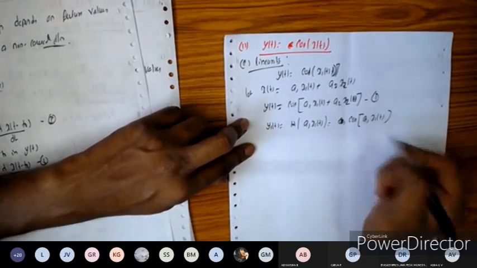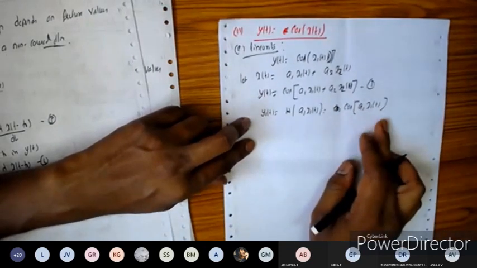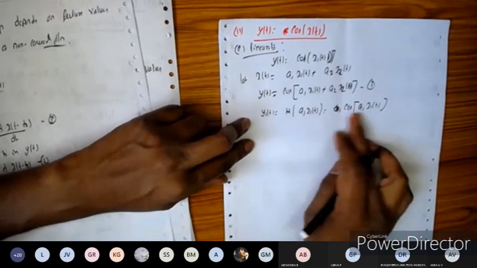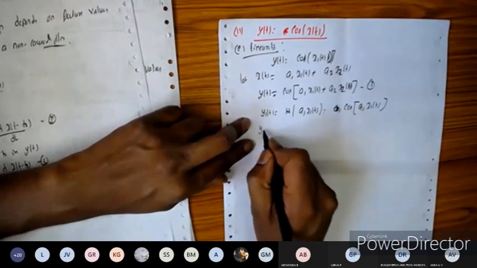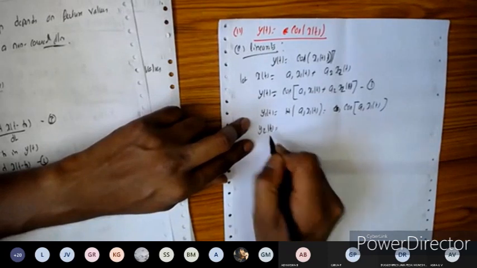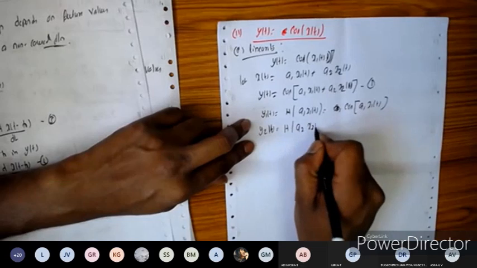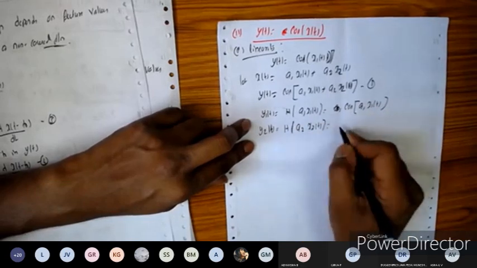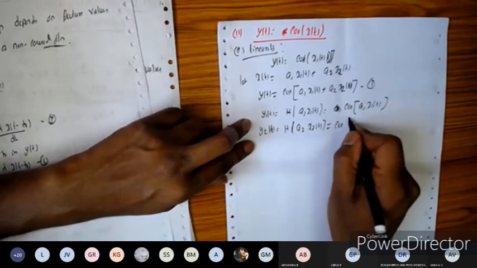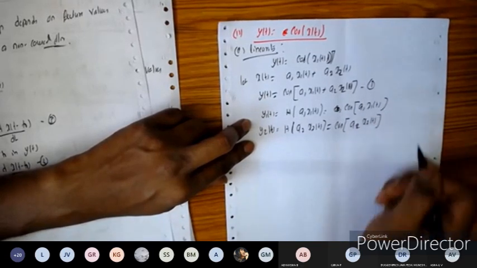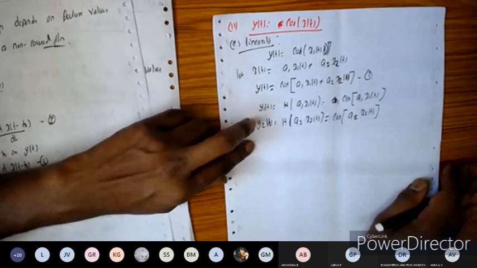We can't say cos of a into x is a into cos of x, so we should keep it like that only. Similarly, y2 of t is h of a2 into x2 of t, which becomes cos of a2 into x2 of t.